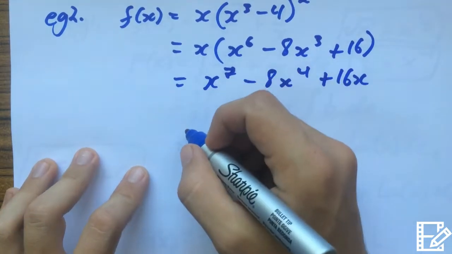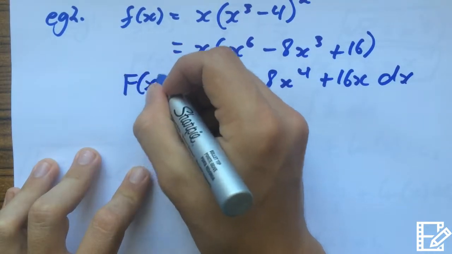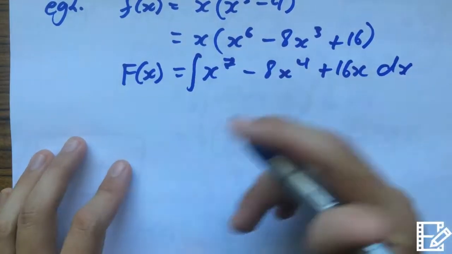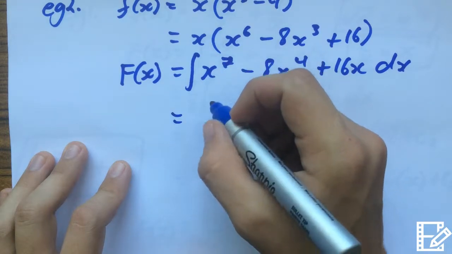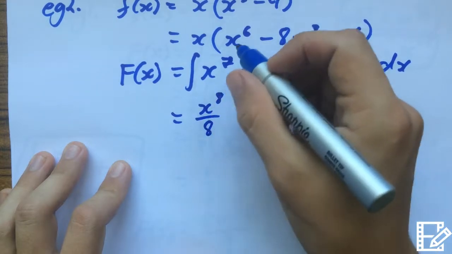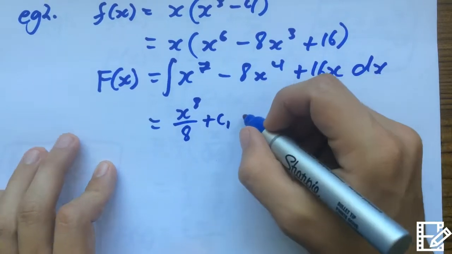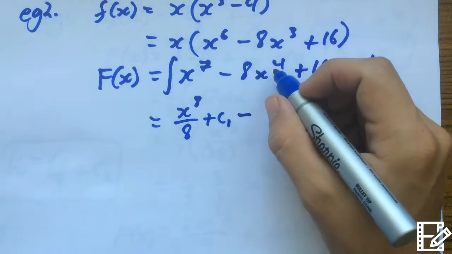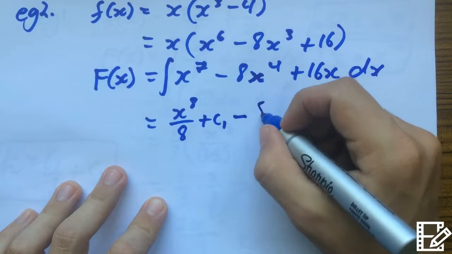Now we're going to find the integral, we use a capital F. I'm going to find the integral of each one separately. I'm not going to do it slow like the last one. I'm just going to write it out. So the integral of x to the power of 7 is x to the power of 8 on 8, because you add 1 to the power then divide by the new power, plus c1, minus 8x to the power of 4, so you add 1 to the power and divide by the new power.